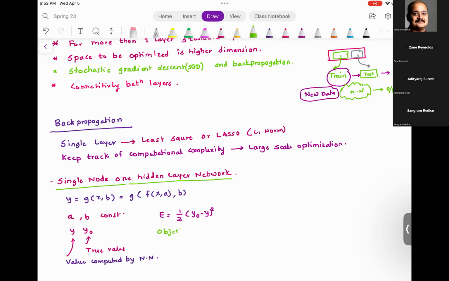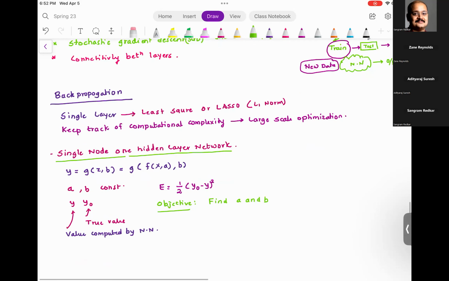and the objective here is to find the values of A and B so that the error is minimum.